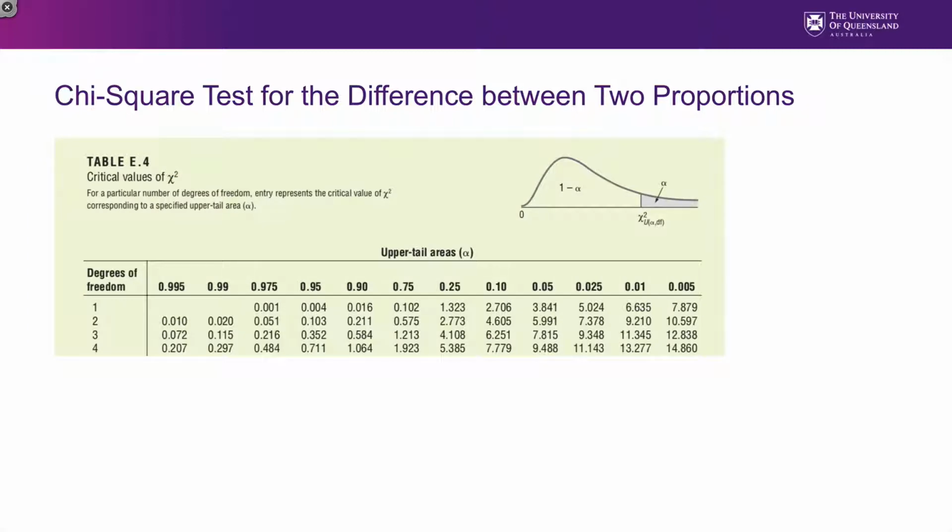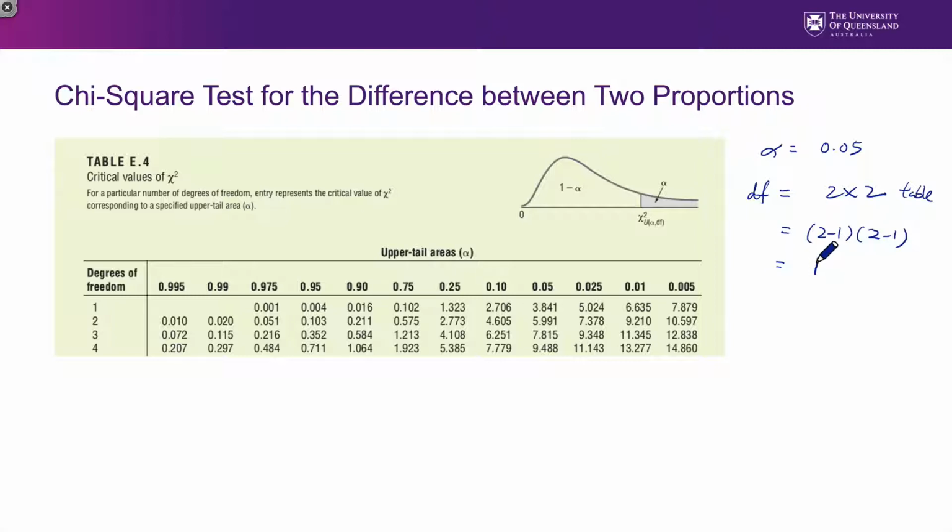From here you can see that to work out my chi-square upper value, I need to know my level of significance, or the upper tail, which is 0.05, and we also want to work out our degrees of freedom. For a 2x2 contingency table, we'll be using 2 minus 1 multiplied by 2 minus 1, which gives us 1.